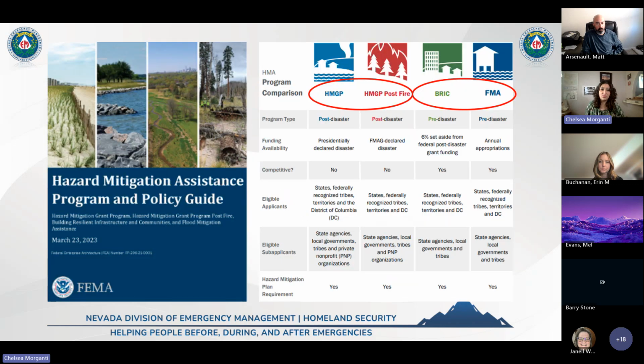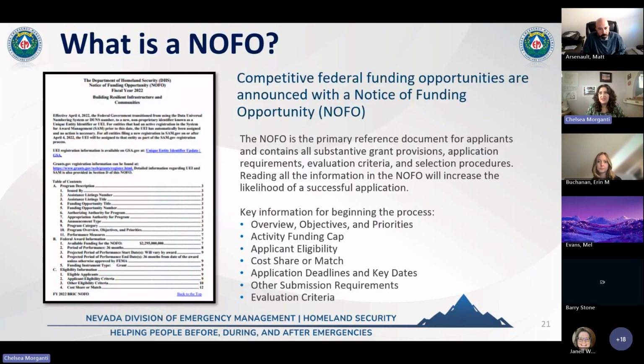The Hazard Mitigation Assistance Program and Policy Guide is going to outline all types of mitigation that's eligible under all of the grant programs. But the Notice of Funding Opportunity is going to give you more detailed specifics. It's going to tell you specifically which project types are eligible. It's going to give you exactly which amounts are going to be eligible. And it sets some parameters on different types of federal priorities.